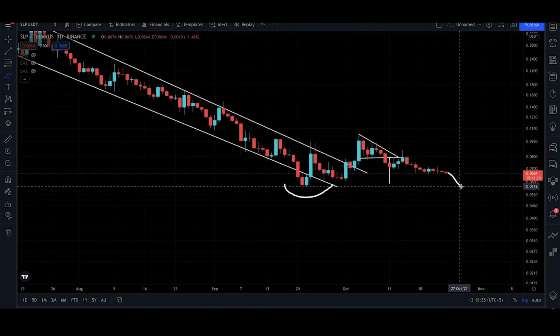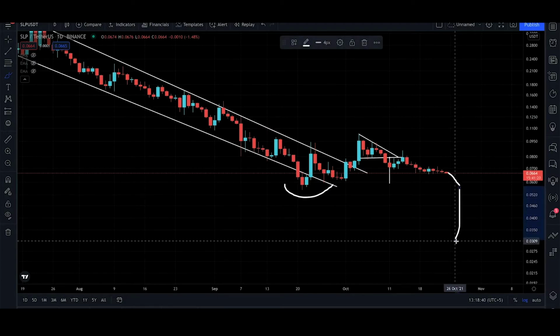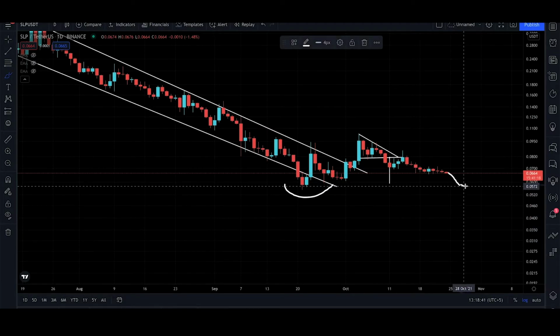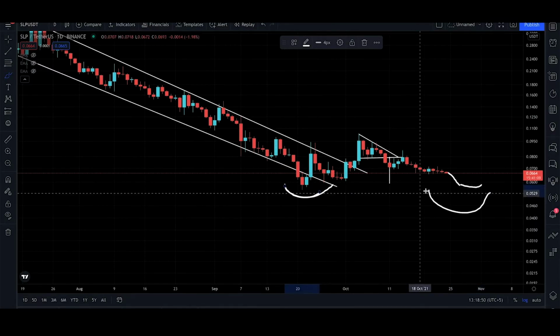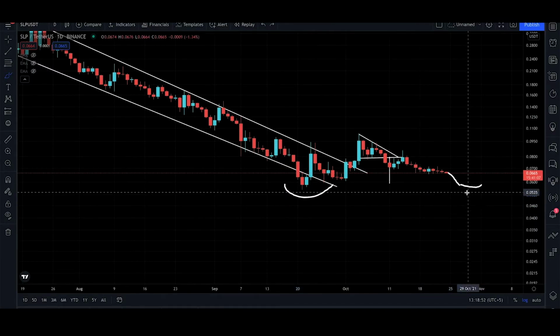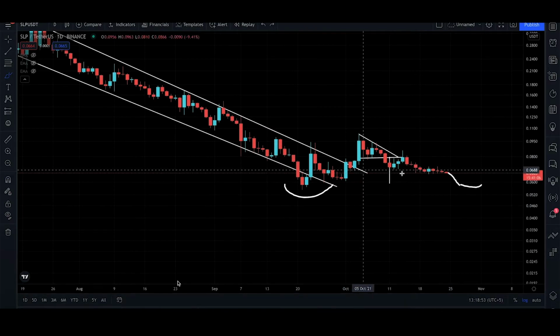The prices go down and they stop here because this is the low, okay? And the prices don't go further down and we start to make a small consolidation here. Then that makes another bottom, and this for me is a double bottom, and that's very, very bullish. Now this is the double bottom scenario.